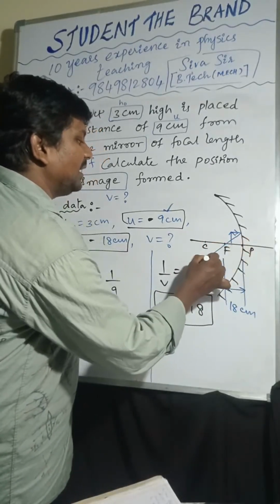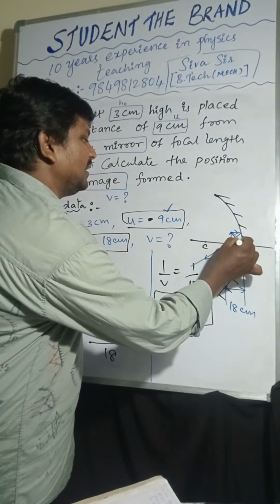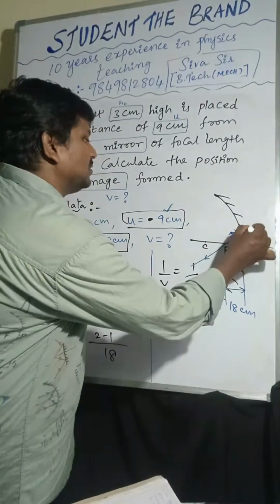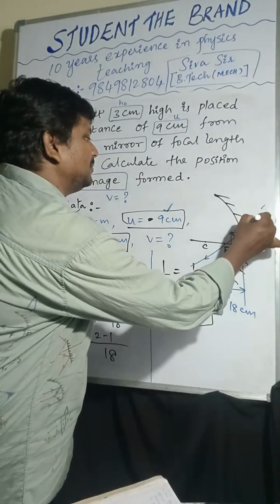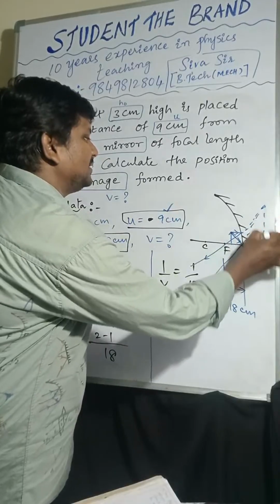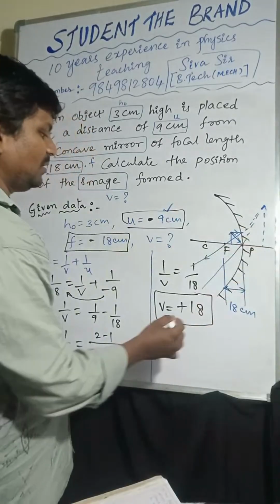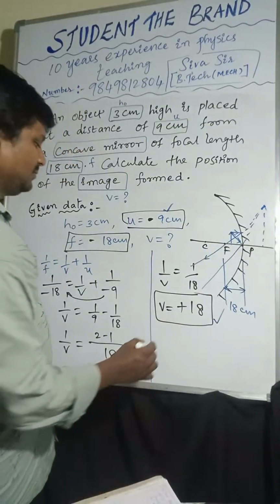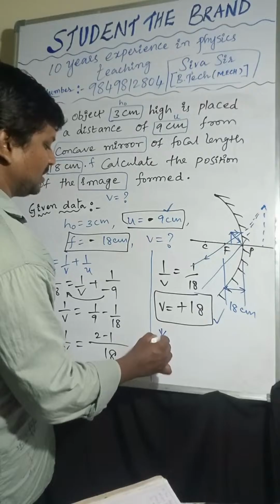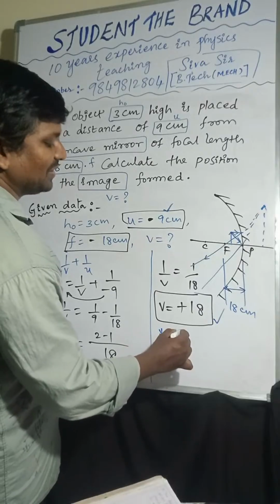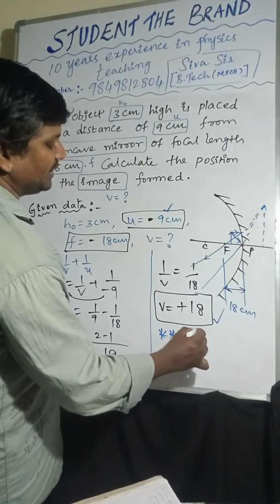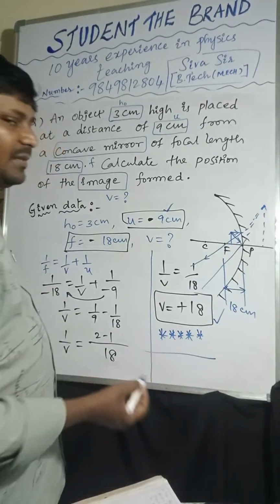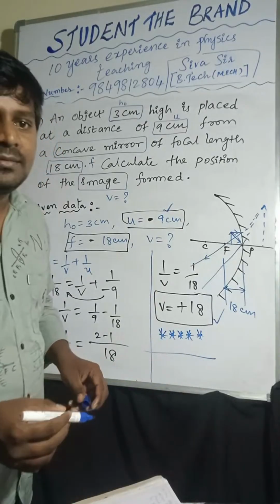That is virtual, erect and enlarged. The object position is positive because we take it in the direction of incident rays. So whatever we got, the answer is correct. Star marks, we got the correct answer. 5 star.